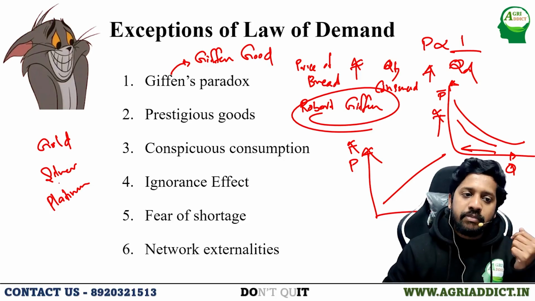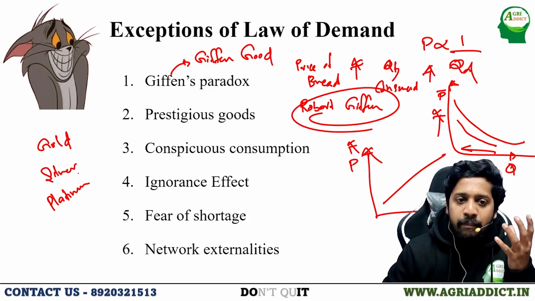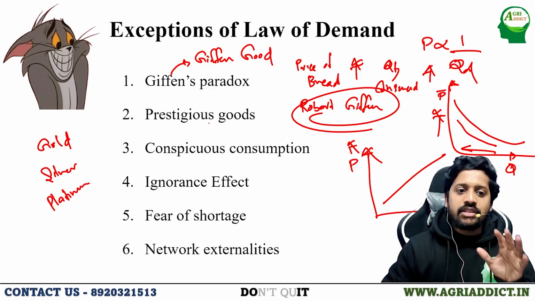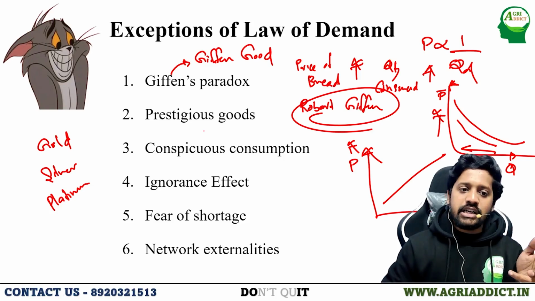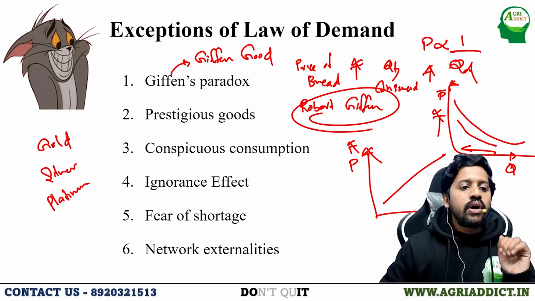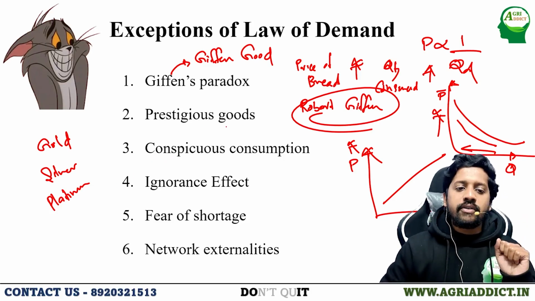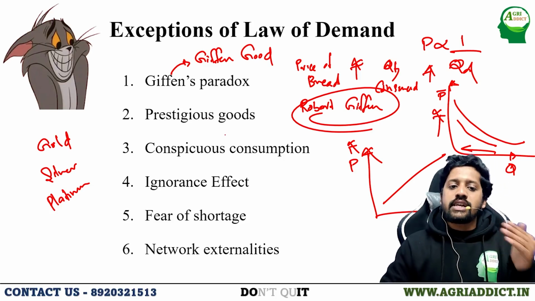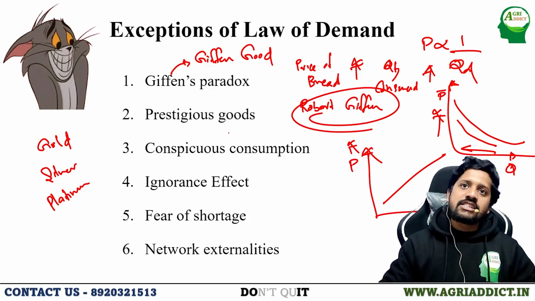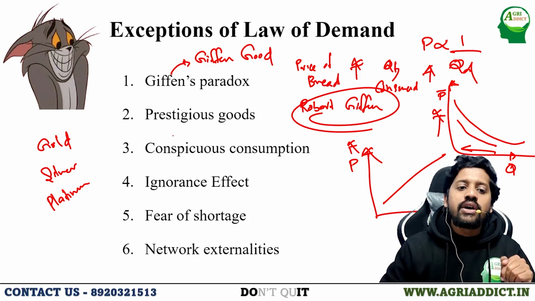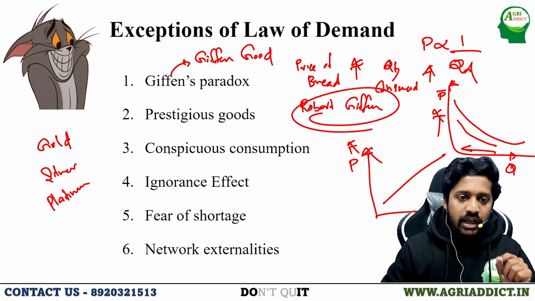They will be buying them because it gives the consumers a prestigious position in society. So irrespective of the increase in prices, they will consume more. Even if the price is increasing, the quantity demanded also will be increasing, because the prestige the consumer is seeking will be satisfied. So in the case of prestigious goods also, the law of demand is not working properly.